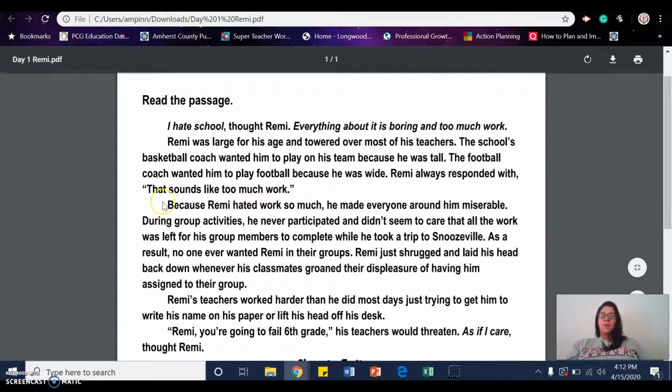Remy always responded with, "That sounds like too much work." Because Remy hated work so much, he made everyone around him miserable. During group activities, he never participated and didn't seem to care that all the work was left for his group members to complete while he took a trip to Snoozeville.